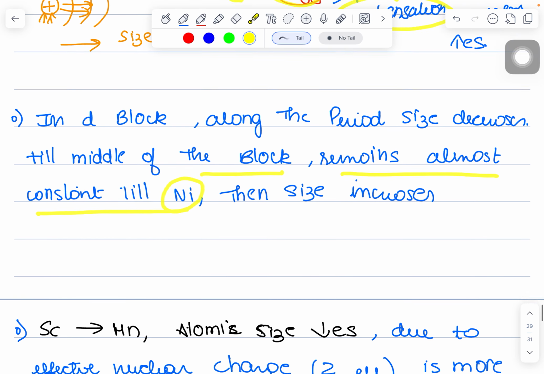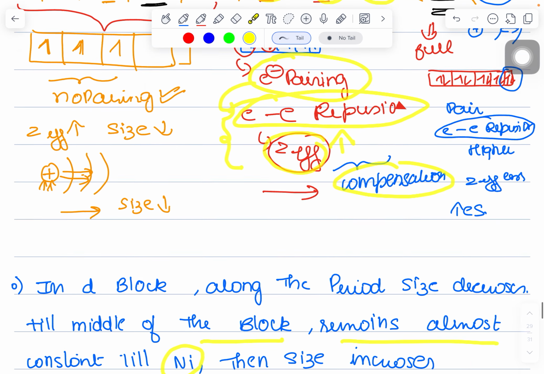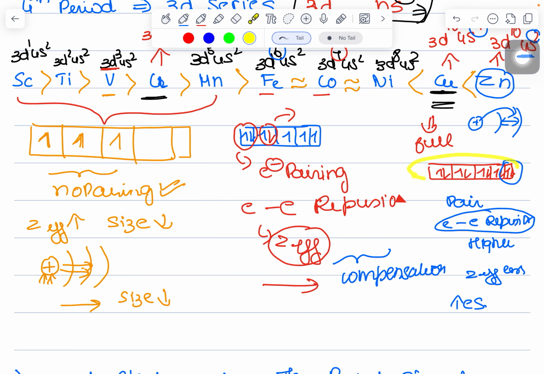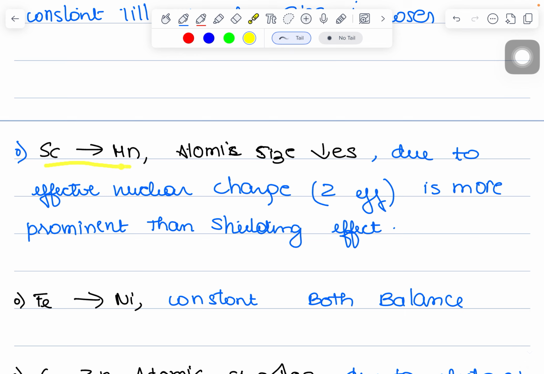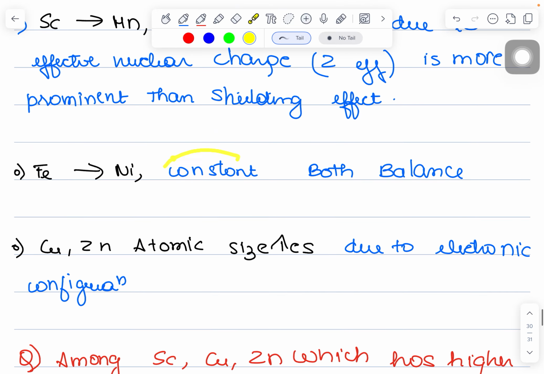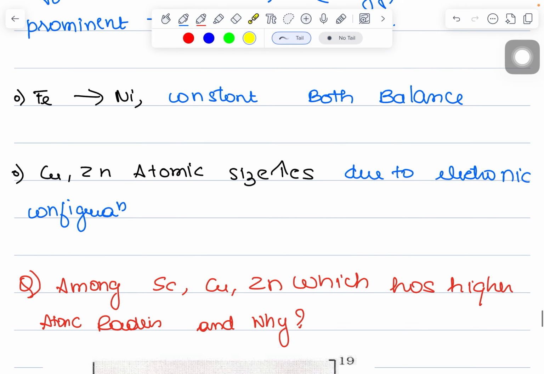Then again size increases. Why? All are fully filled, electron repulsion is very high, and Z effective has very little effect on the outermost electron. Hope this is clear. Iron to nickel have constant size, whereas for copper and zinc, atomic size increases due to electronic configuration.